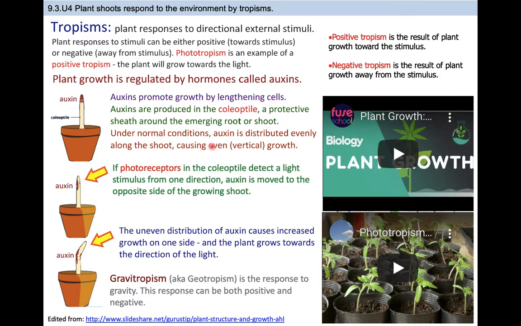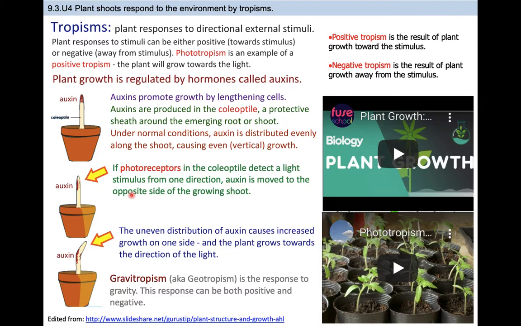Under normal conditions, auxin is distributed evenly around the shoot, causing it to grow upwards. However, there are photoreceptors in this coleoptile, and it detects a light stimulus from one direction. So if the sun was over here, the light would be hitting the plant in this direction. What ends up happening is auxin will be transported to the opposite side, or the shaded side of the plant.